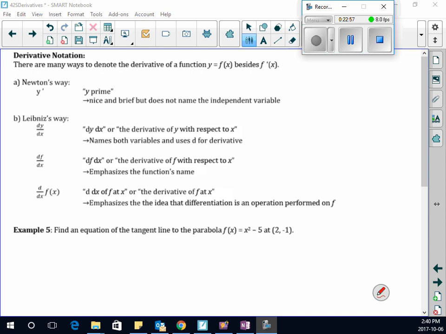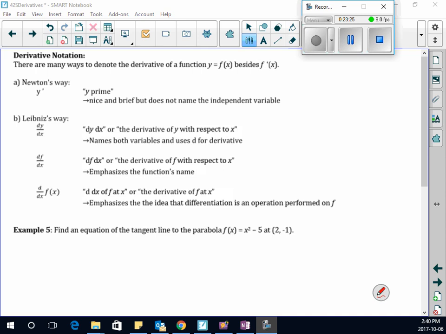Okay? df dx, it's saying the derivative of the function with respect to x. This notation versus this is just emphasizing more the function's name. And d dx of f of x, or the derivative of f of x. Again, they all mean the same thing. Some people get all confused, like, I don't understand what I'm being asked. It's asking all the same thing. It's just a different notation, right?